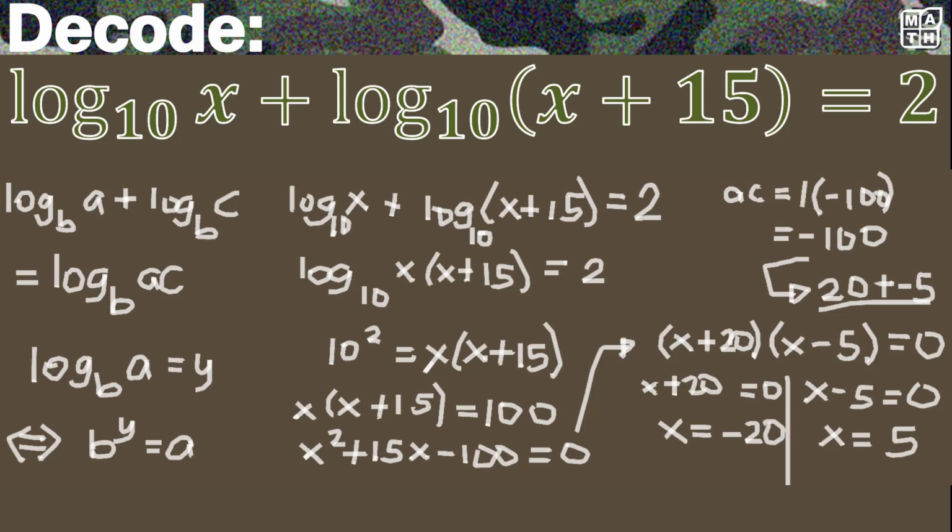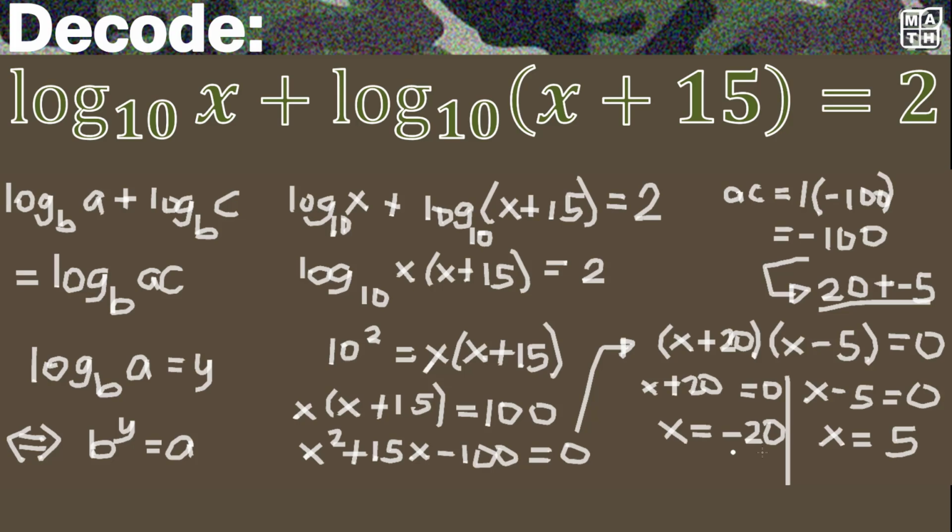We can trim down our possible answers here by considering that when we substitute the values of x, the values of x and x plus 15 should not be negative, because we cannot have a logarithm of a negative number. When we substitute 5, our first expression is the logarithm of 5 to the base 10. It's positive. And on the other side, the logarithm of 5 plus 15, which is 20, to the base 10. It's possible.